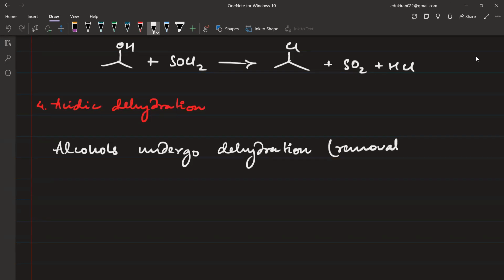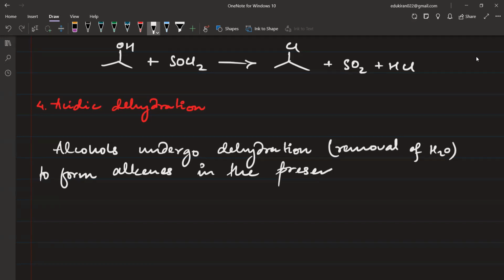Dehydration means removal of a water molecule, removal of H2O, to form alkenes in the presence of a protic acid.